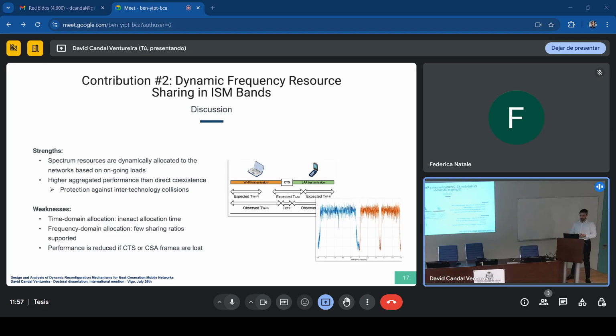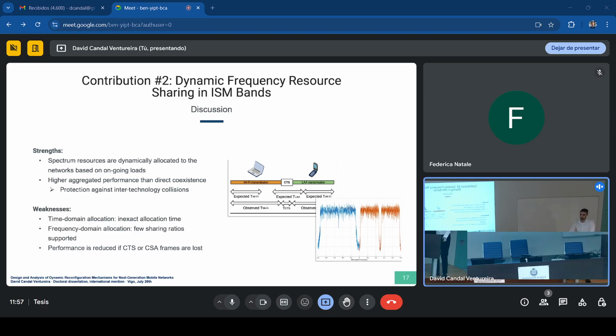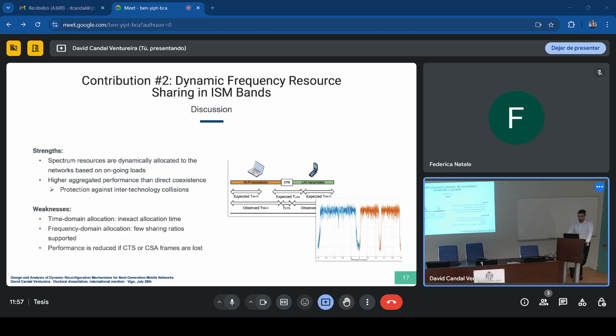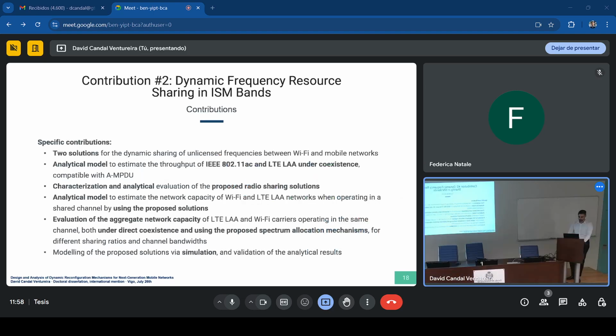However, this is not as unrealistic as it may appear, as even 3GPP has defined different channel access procedures for unlicensed operation in 5G networks, whether the operator has exclusive access to the channel or not. And on the other hand, the performance could be affected if the CTS or CSA frames are lost, but in any case, this is unlikely to result in a substantial decrease in performance.